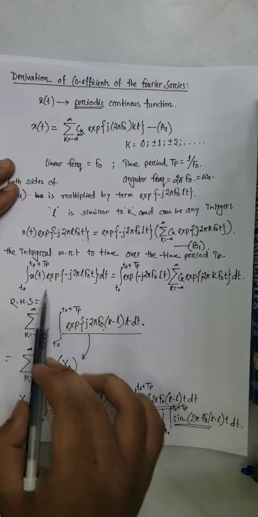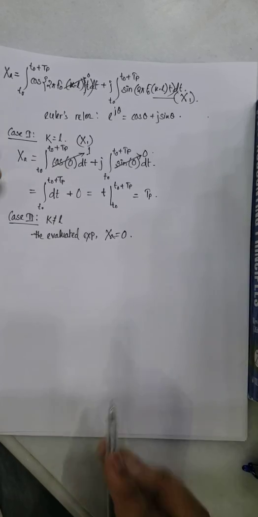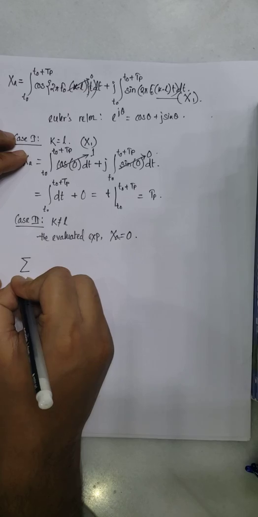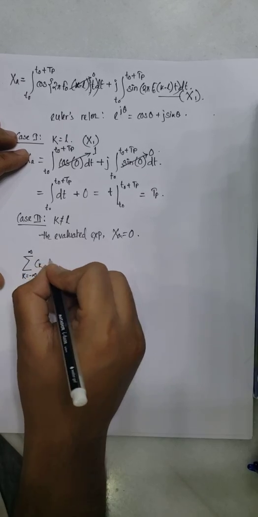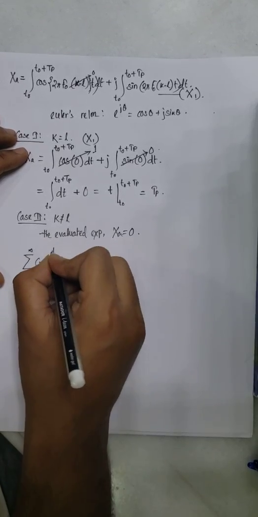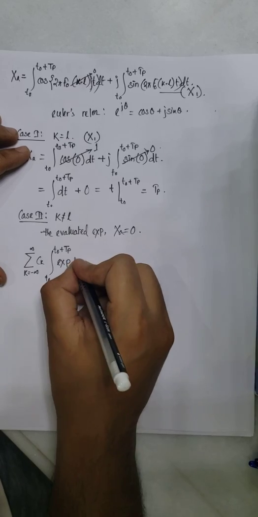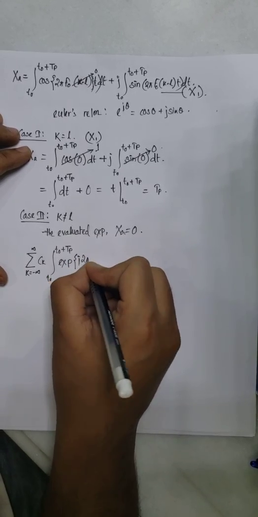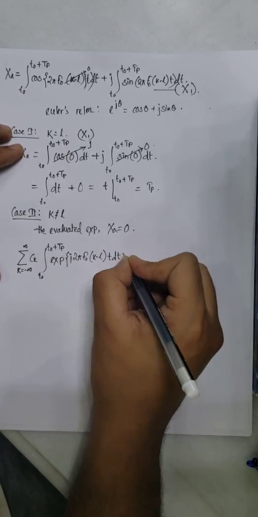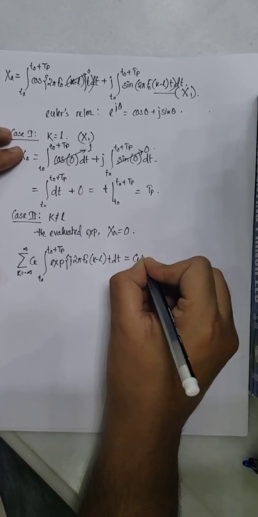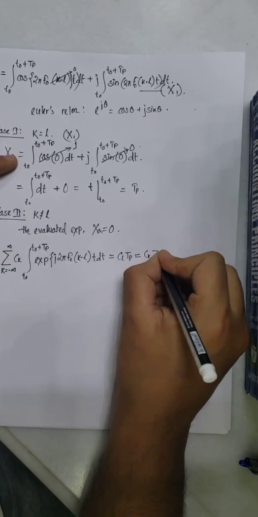It was something gibberish like this and this, and it can now be simplified and written as the summation of k from minus infinity to infinity of c of k, the integral from t naught to t naught plus Tp of e to the power of j 2 pi f naught (k minus L) t dt, equals CL into Tp, or Ck into Tp.